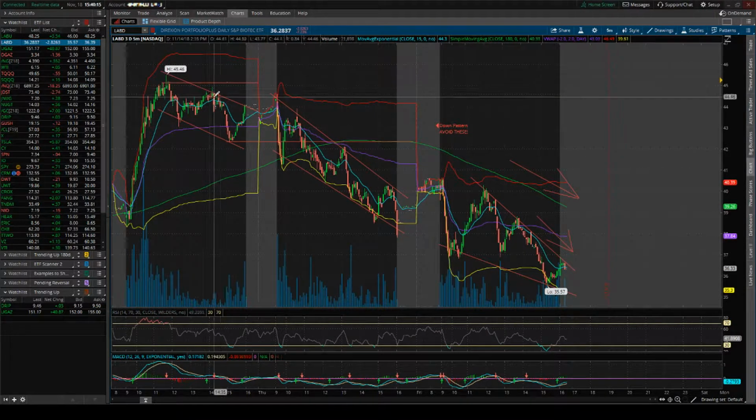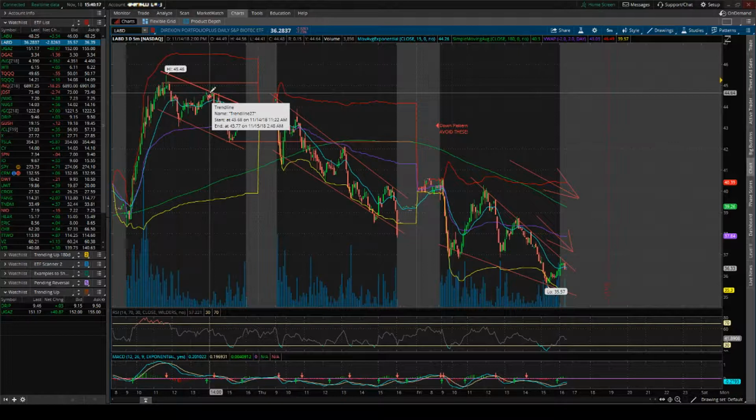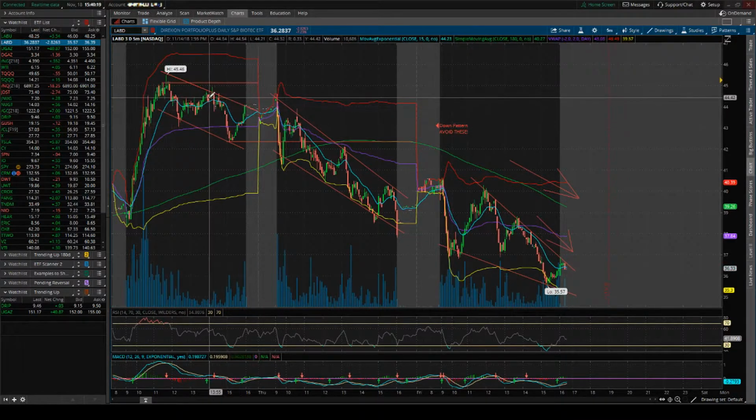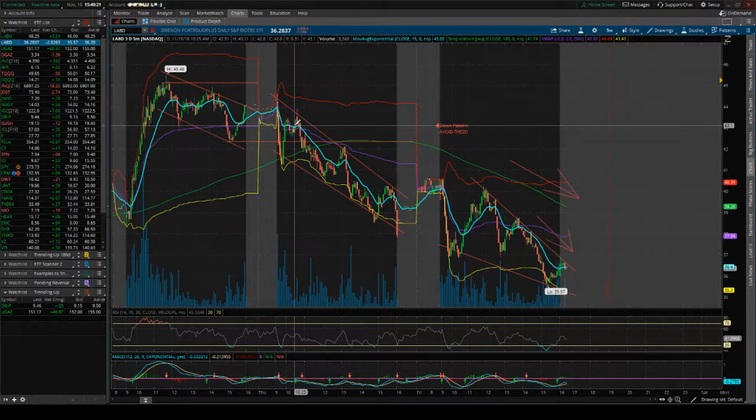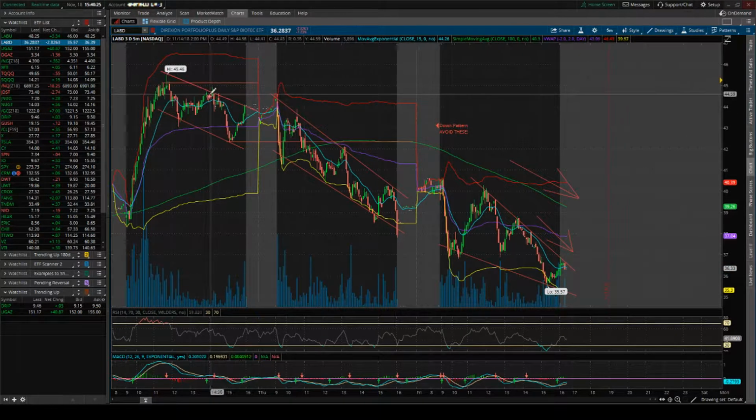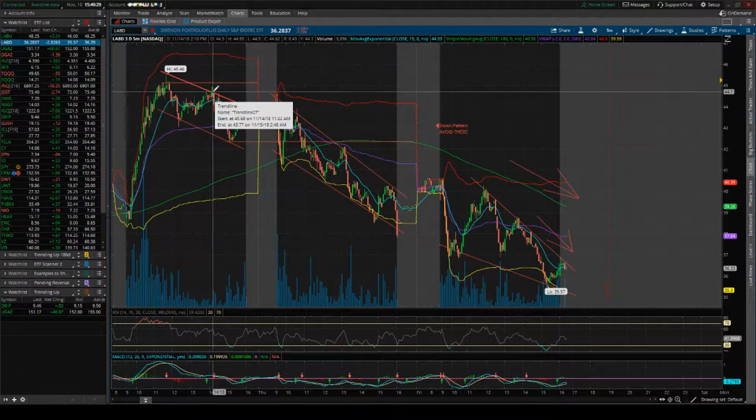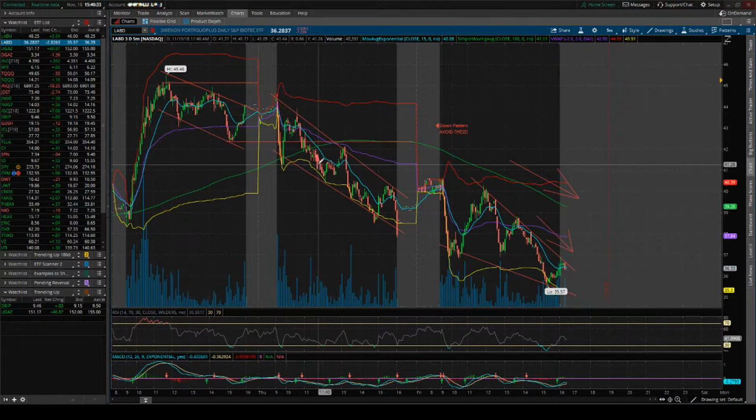If you were to buy here, then the very next day, if you didn't sell because you only have three day trades in a 5 day trading period, so if you buy into something and you can't sell that day anymore because you already made your 3 day trades, well, guess what? You're gonna have to hold it for at least a day, right? And it's slowly just gonna decrease in value, and you're gonna be losing money over time.